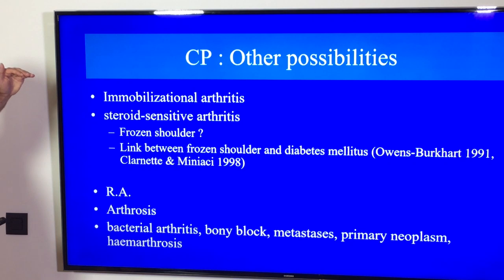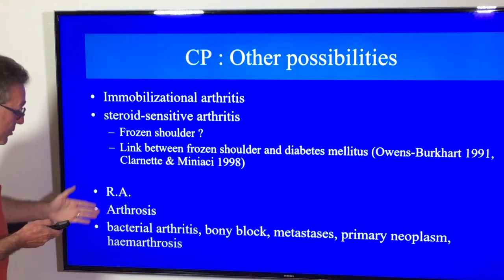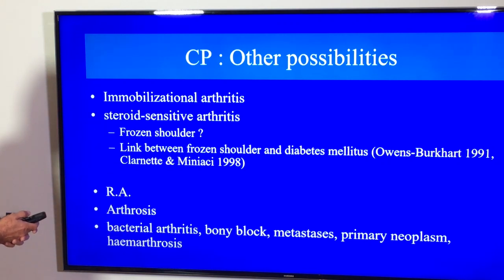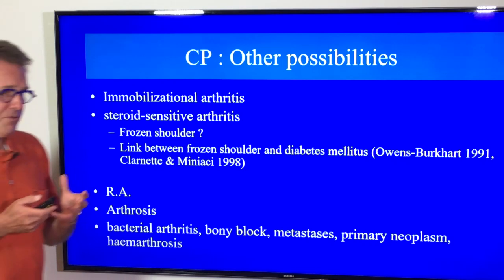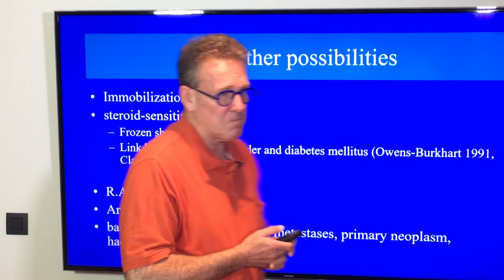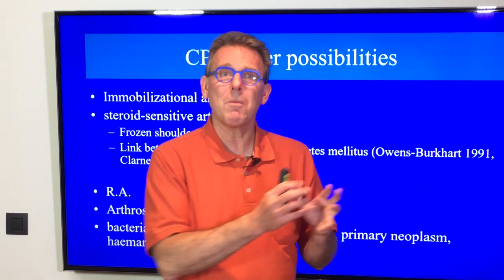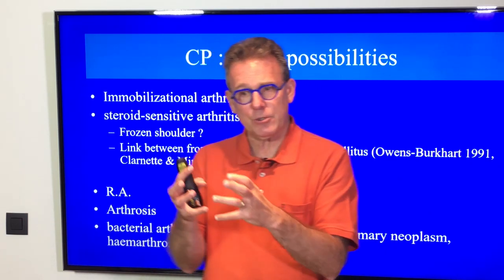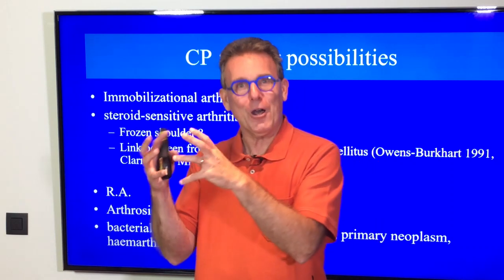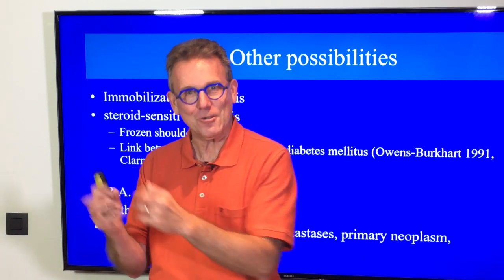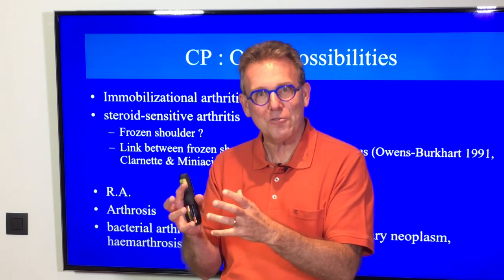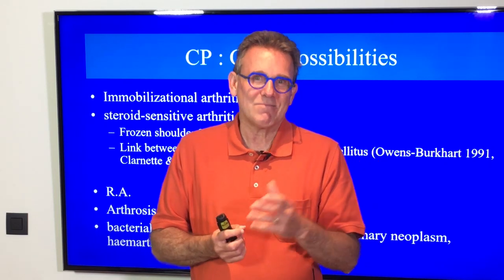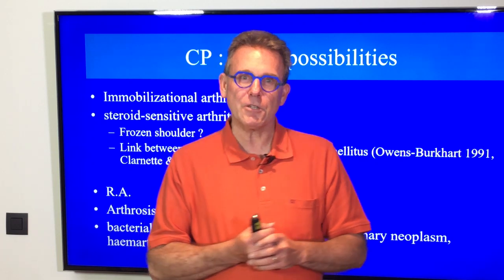Other options: rheumatoid arthritis, simple arthrosis, and then some complications such as a bacterial arthritis, for instance. So if you summarize, the traumatic arthritis with the story and the steroid-sensitive arthritis without provoking factors, without overuse, without trauma, those are the most frequent ones.